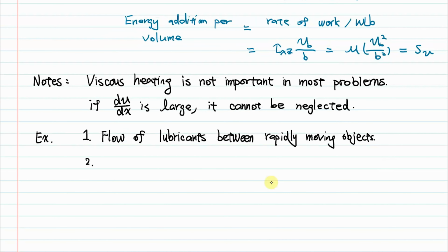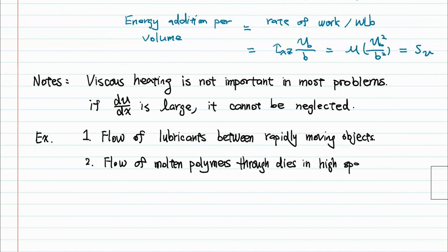Another way this can be important is when your fluid is very viscous, like flow of molten polymers through dies in high-speed extrusion, or flow of highly viscous fluids at high velocity.